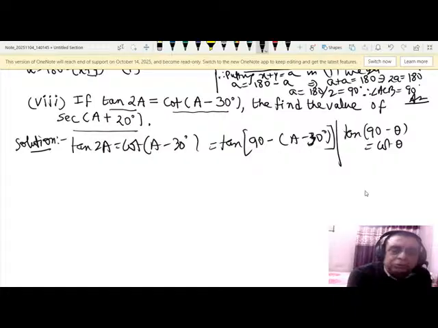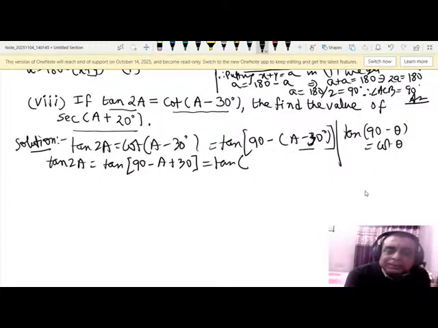Now you simplify here. So tan 2A value is, I am opening the inner bracket here. So it is tan (90 minus A plus 30), which is equal to tan (90 plus 30 is 120 minus A). So tan 2A value is tan (120 minus A).